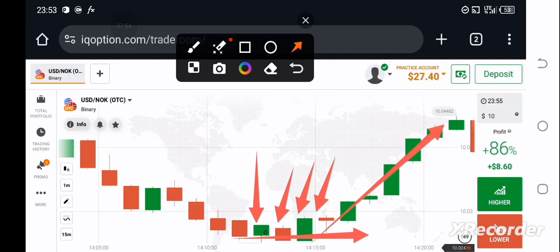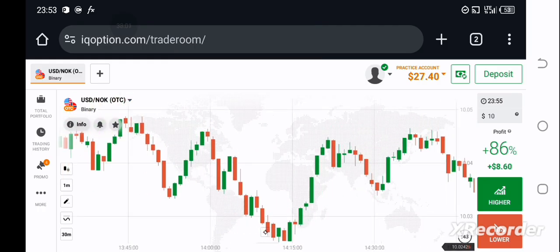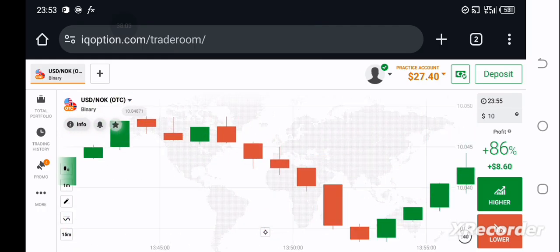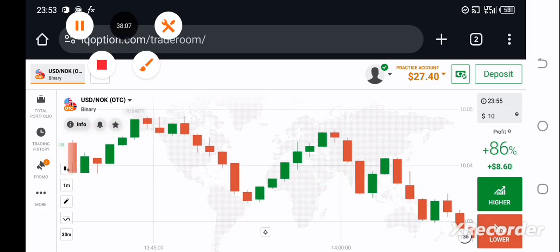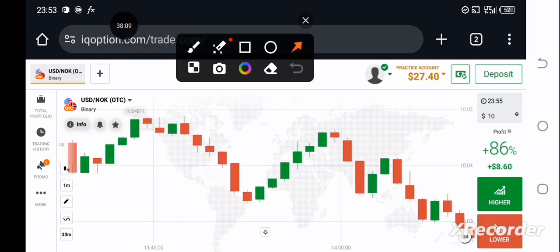Sometimes I don't really consider this to be a strong level of support. But if the buyers had entered directly like this, it would be more effective. So you can see straight buyers entered.